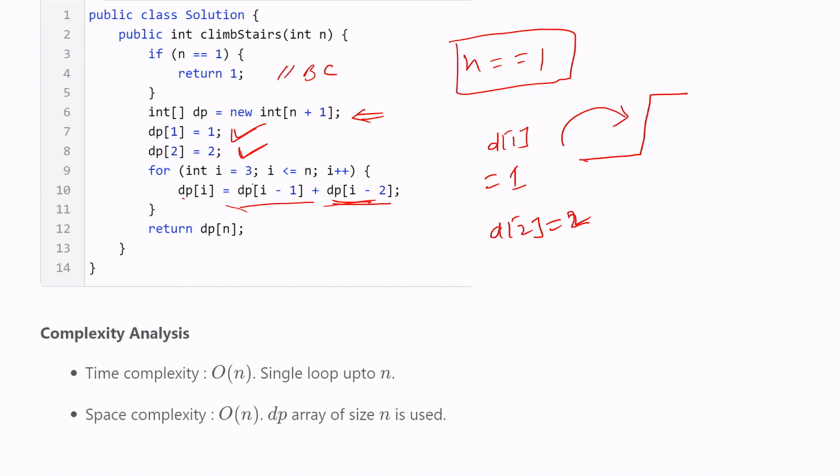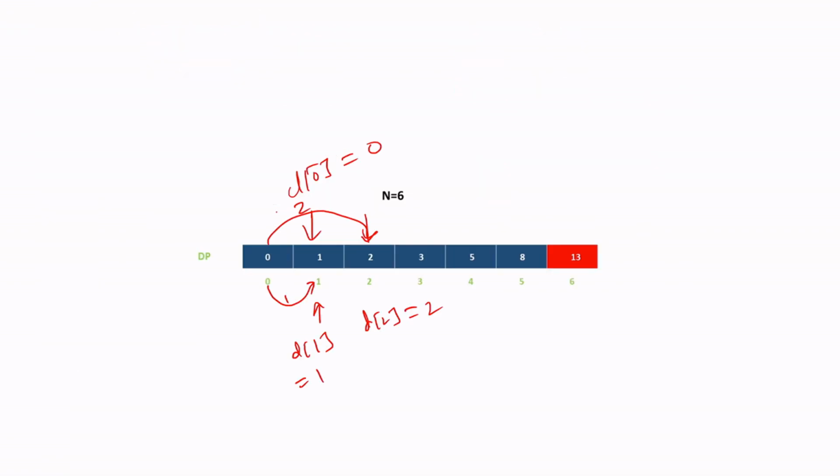So next time when we calculate dp of 4, the dp of 3 will also have data, right? What is 3? Correct, like previously we were doing, right? Similarly the loop will continue. Next we will check dp of 4, and we will calculate what? dp of 3 and dp of 2, and that will come to 5.